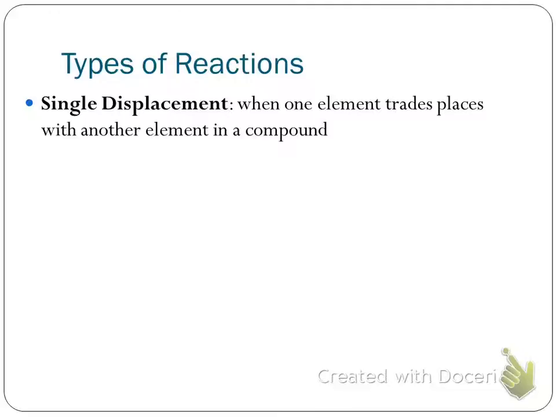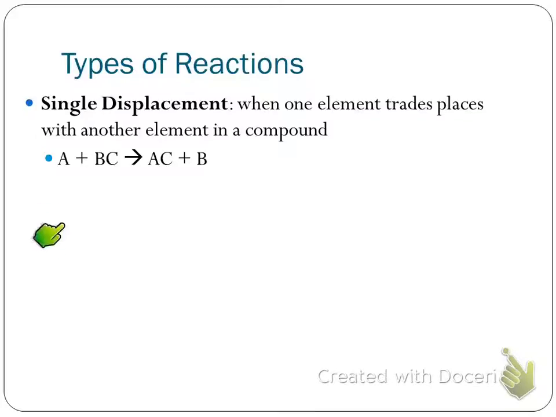Okay, we trade either the cation from one compound to the other or the anion from one compound to another. Okay, so single displacement is where we see one of our elements kind of trade places.